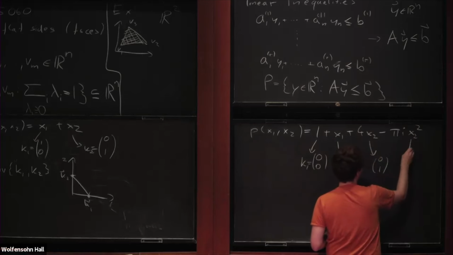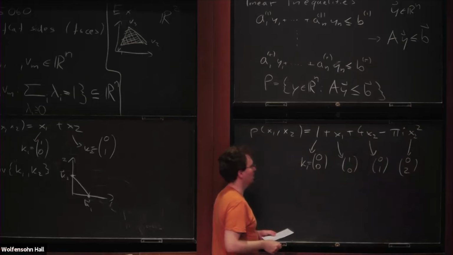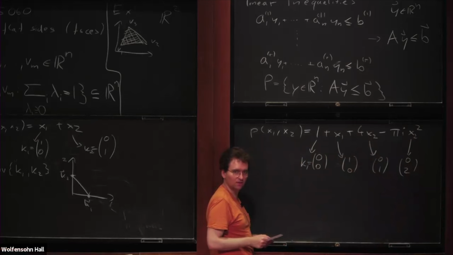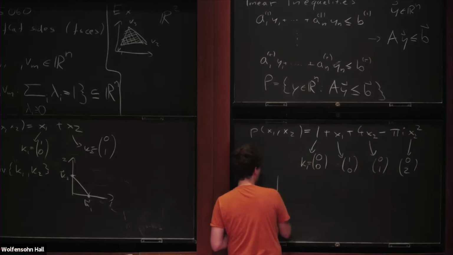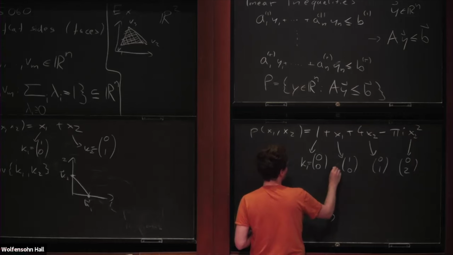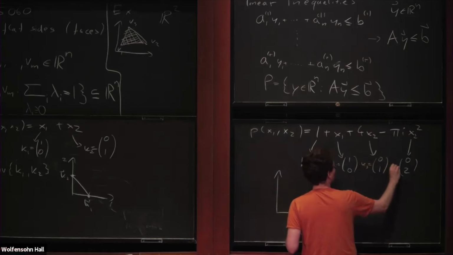And here we have a vector 0, 2, because it has 2 powers of x2. The coefficients don't matter. What matters is just that the coefficient is not 0. And if we draw this, then we have K1, K2, K3, K4.